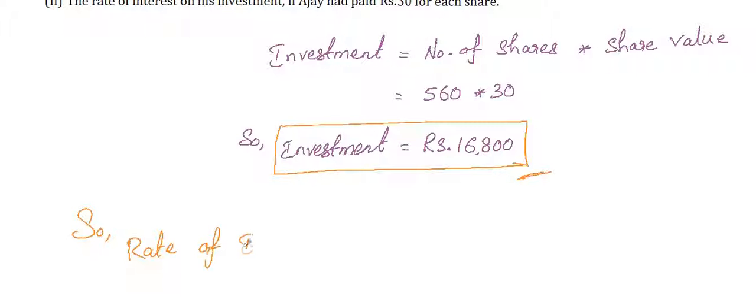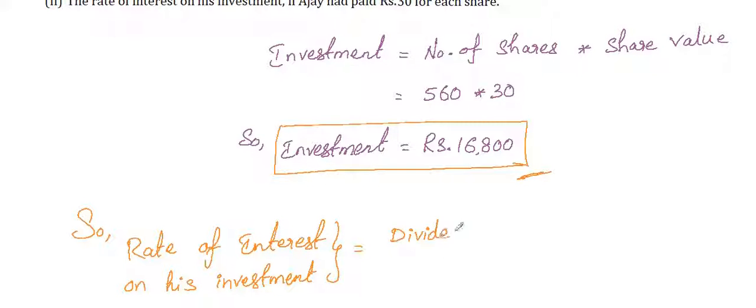Now find the rate of interest on his investment. So rate of interest equals the dividend divided by the investment into 100.